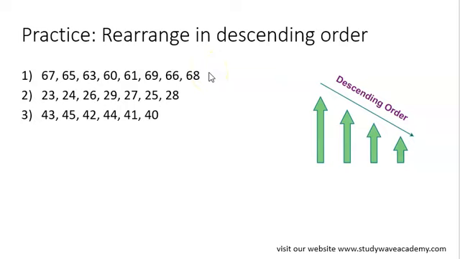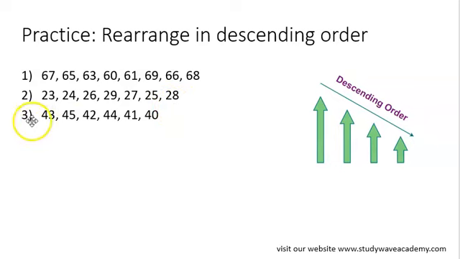Okay, then we do the same for number 2. Okay, we have 23, 24, 26, 29, 27, 25, 28. You identify the biggest number first and arrange to the smallest.